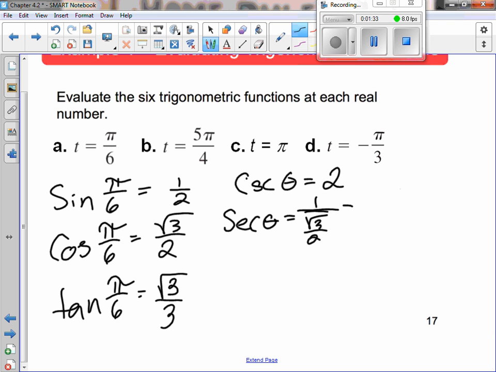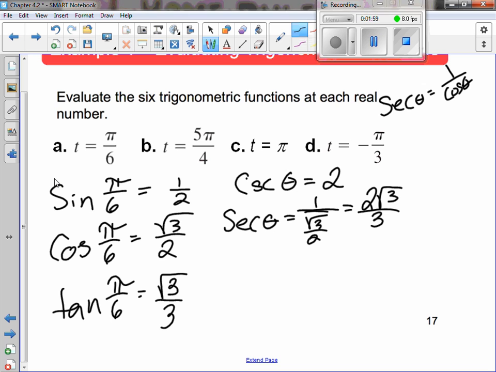This one's a little bit harder to see. It ends up being 2 square root of 3 over 3, because we can type that one in. So we do the fraction 1 over, since secant is the same as 1 over cosine. So we flip it.